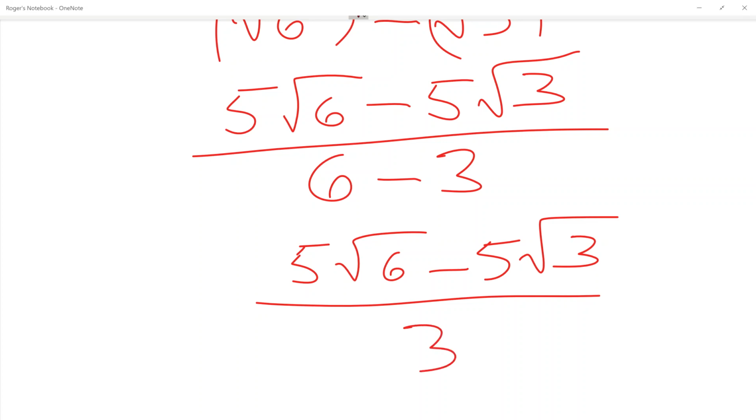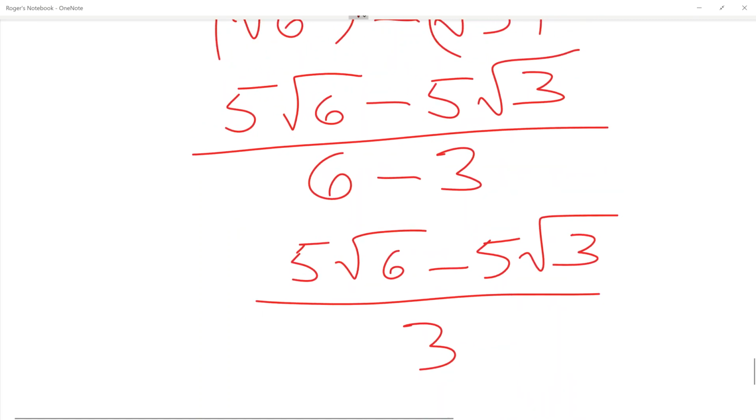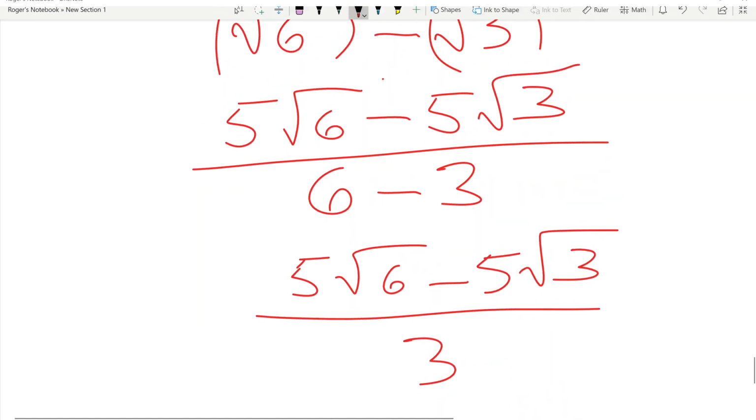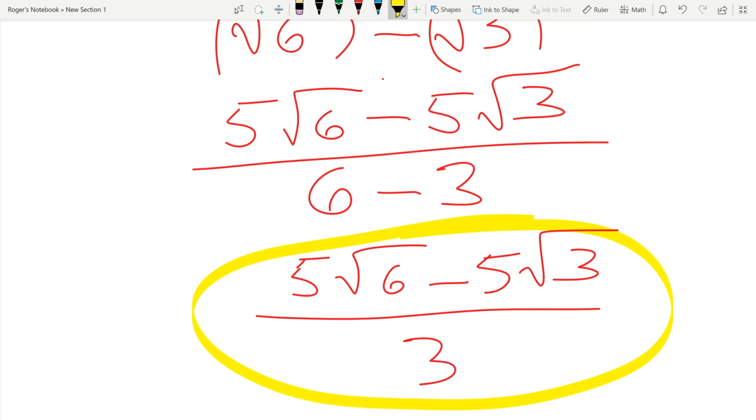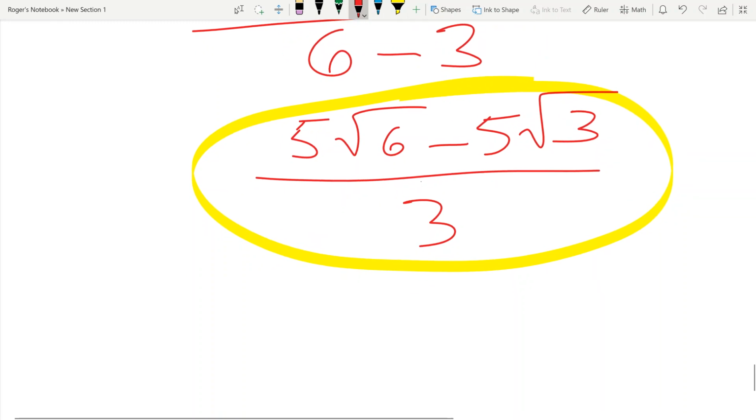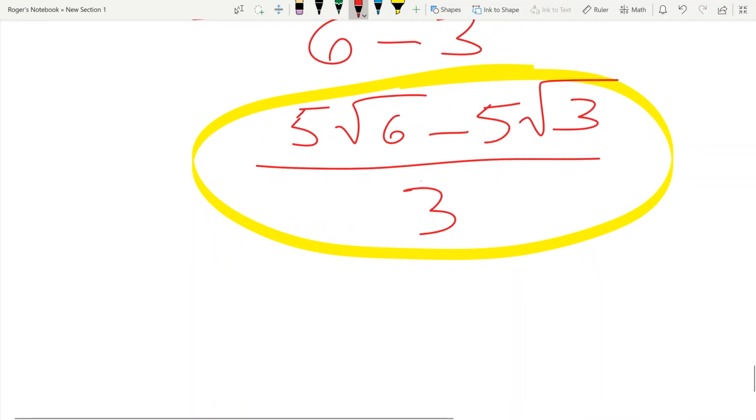There you have it, simplified form. That's how you get it, by using the conjugate. Multiplying by the conjugate eliminates the radical in the denominator. That's your final answer for that problem.